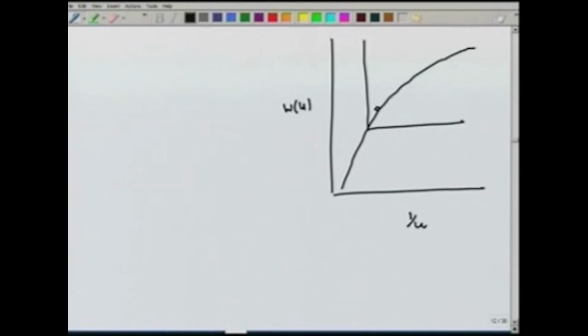So, let us say that we have matched the type curve, this is 1 over U versus W, which is a fixed curve, and let us also say that we have matched the data by shifting the axis here. And now, we want to find out the values of S and T. We can choose any point on this graph.